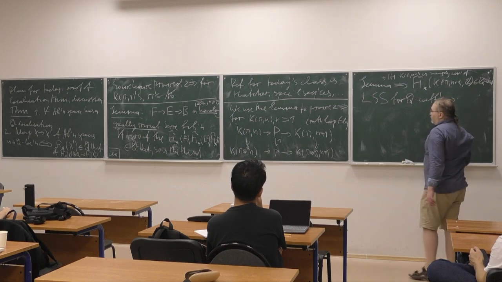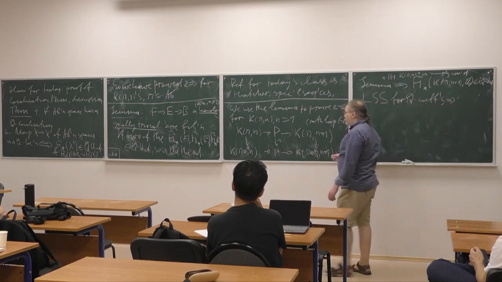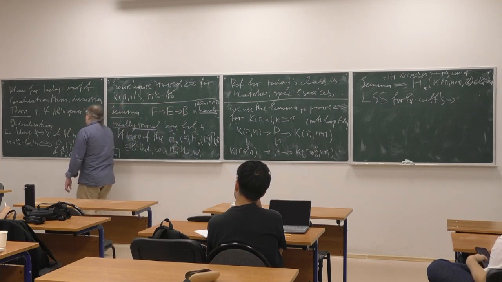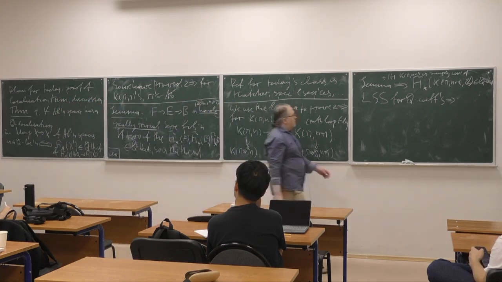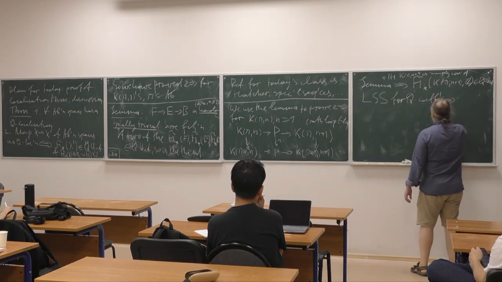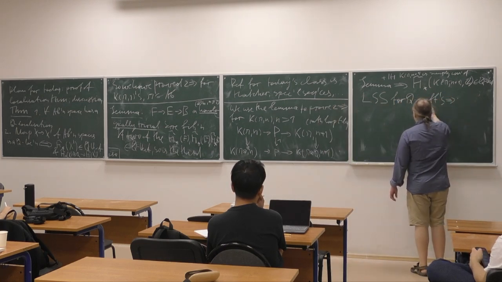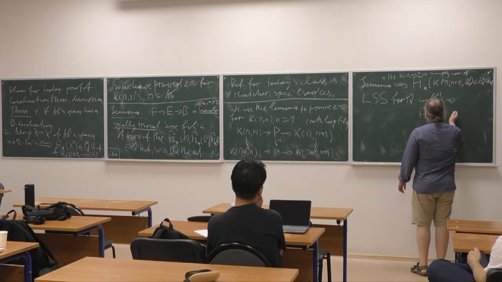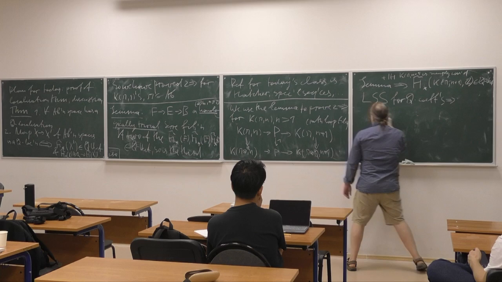Now, we need to prove that this map is an isomorphism, and well, let me write it here.